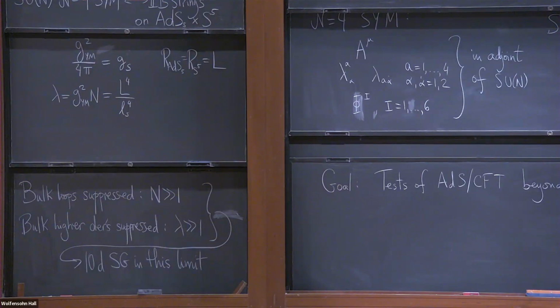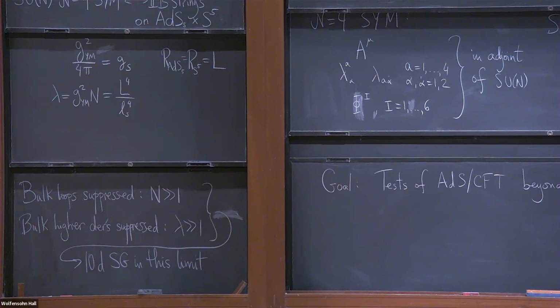If one takes two limits, then the theory in the bulk can be approximated by a two-derivative classical supergravity theory. In order to suppress the loop corrections in the bulk, one needs N much larger than 1.